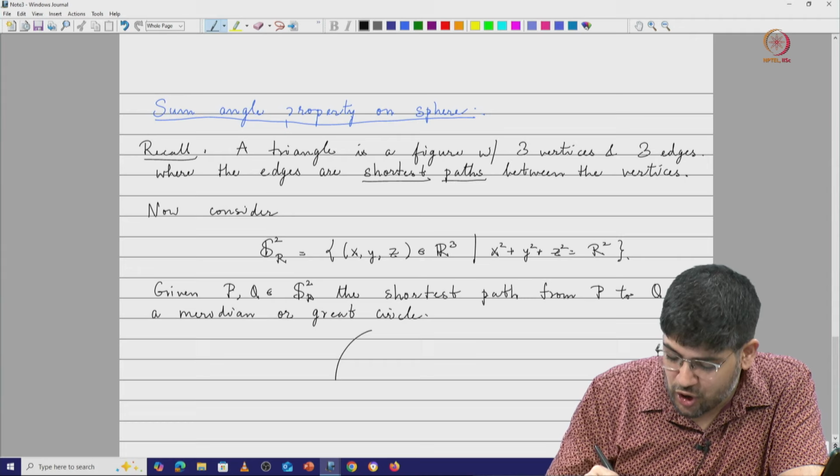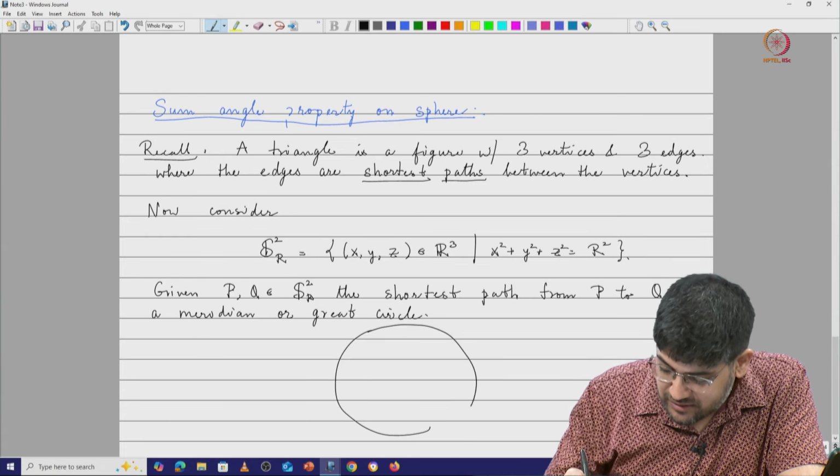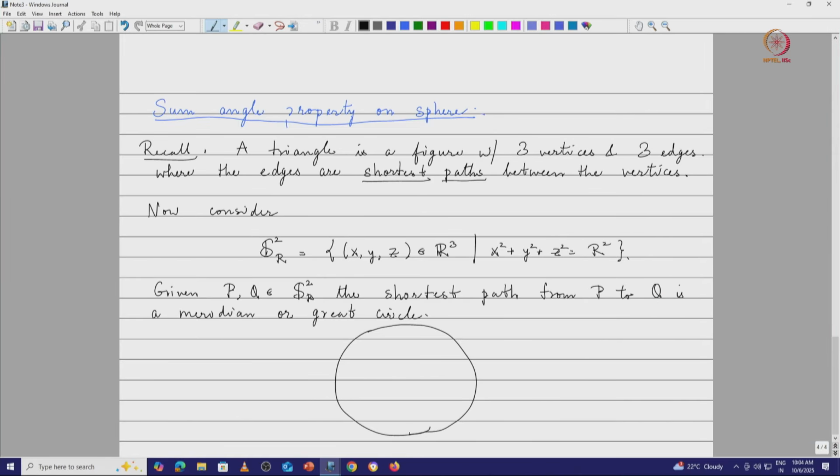Just to draw a picture, you have a sphere here. The sphere is very symmetric, so I can always assume that one of my points is actually the north pole, and let's say your other point is here.